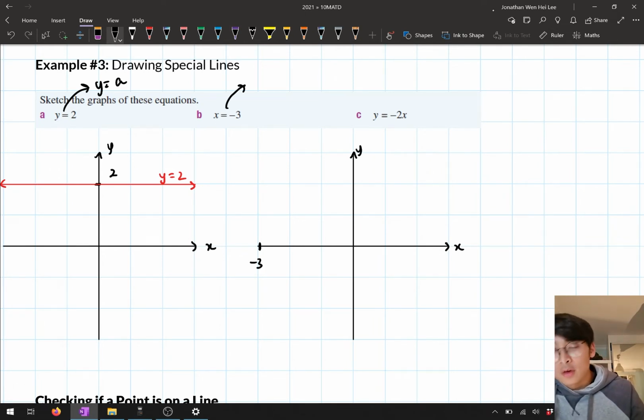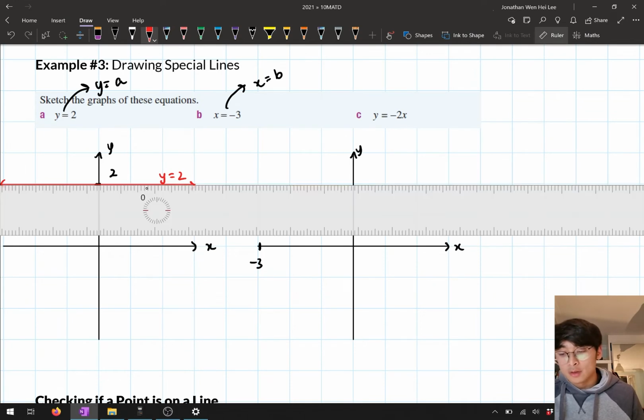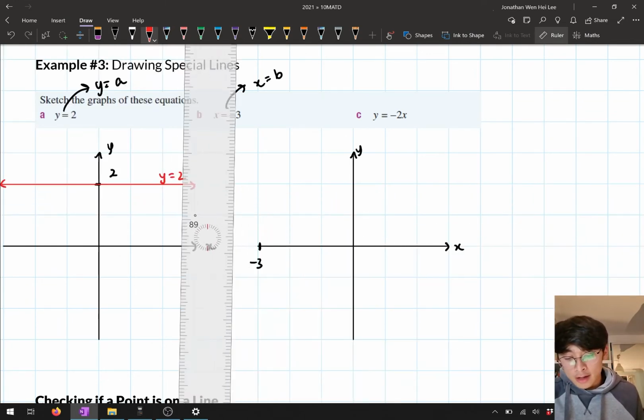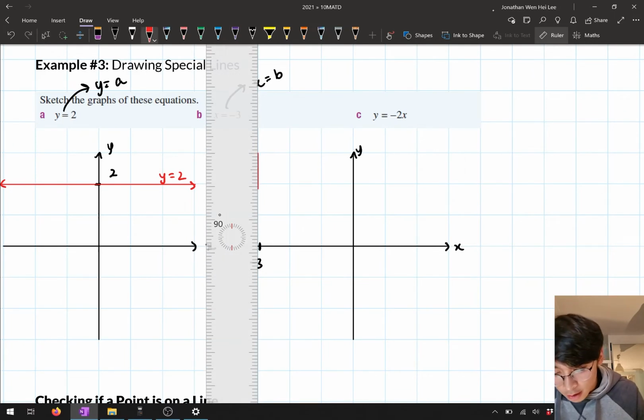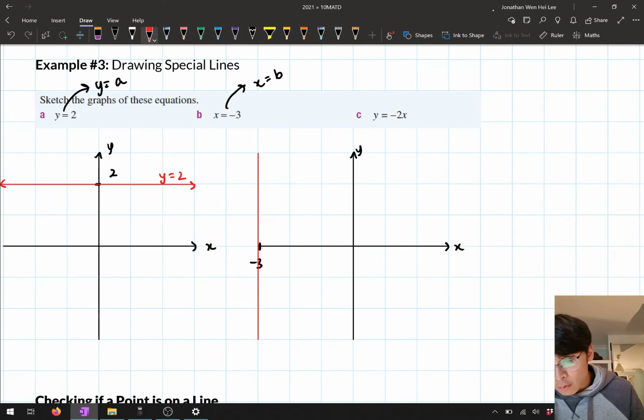Now, if you ever see an equation in the form x is equal to a number, let's say a number b, what this is going to form, instead of being a horizontal line like y is equal to a, is a vertical line at wherever that value is. So here at negative 3, I'm just going to draw a vertical line.